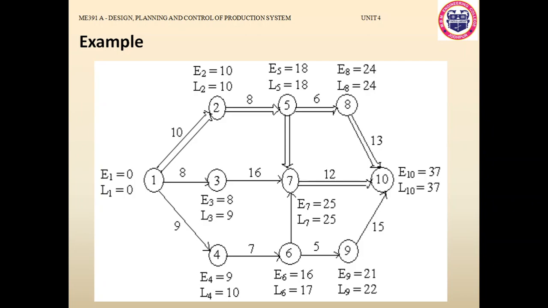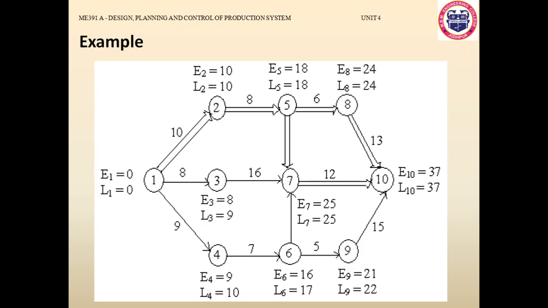So latest starting time at node 9 is 22, and latest starting time for node 6 will be 17 by subtracting 5 from 22. So you are just reducing the total time and moving backwards. So similarly, you get the latest starting time for all the nodes.